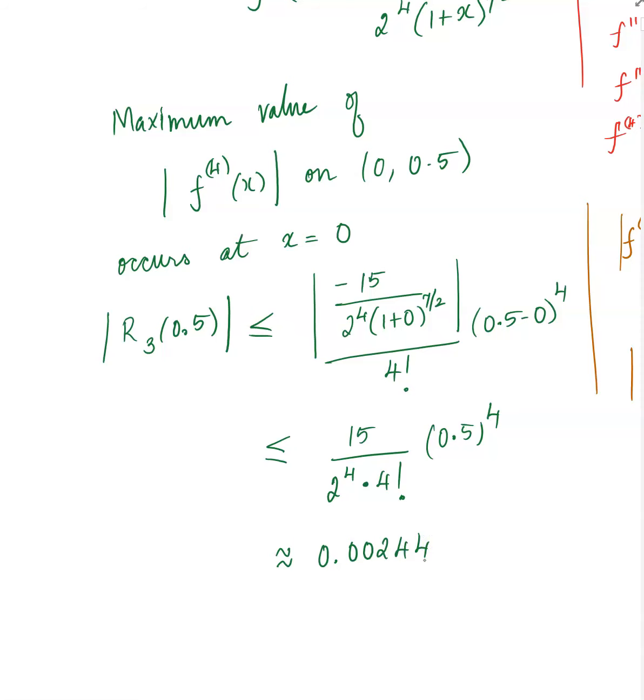And for this, you can go back and check the graph. I will leave that part here for you. Go into Desmos, because it said to use a graphing utility to check the graphs. So compare f and compare P3, near x equals 0, of course, for the Maclaurin series, and see how they appear.